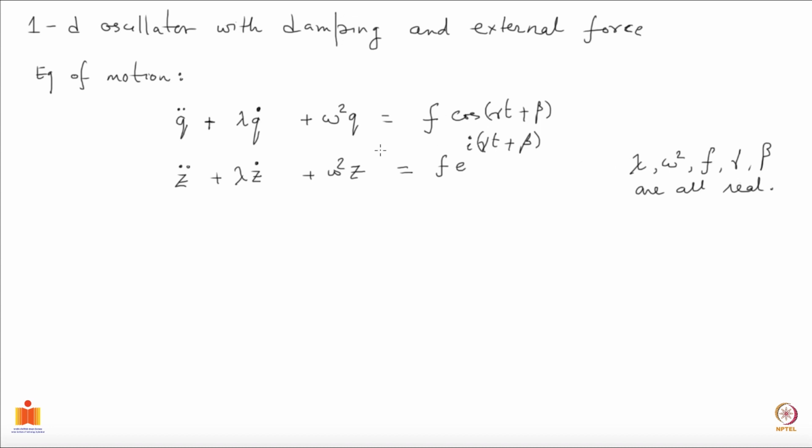Okay, so if I take the real part of this entire equation, I will be able to get this one. That's good. Now this is again a linear differential equation, but now it's non-homogeneous.